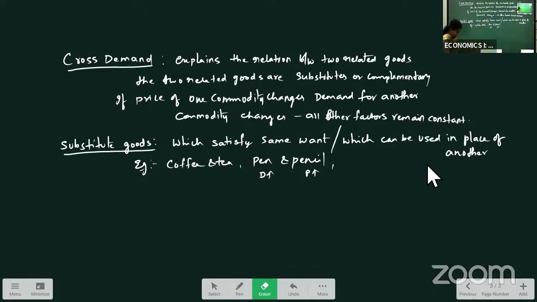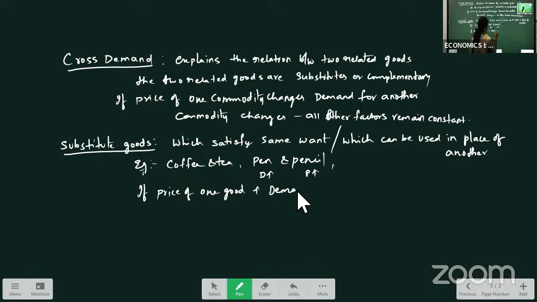So in case of substitutes, if the price of one good increases, demand for another increases.